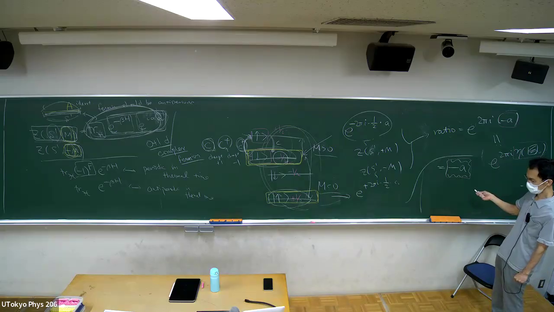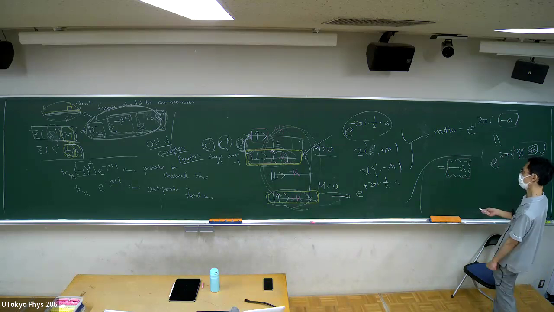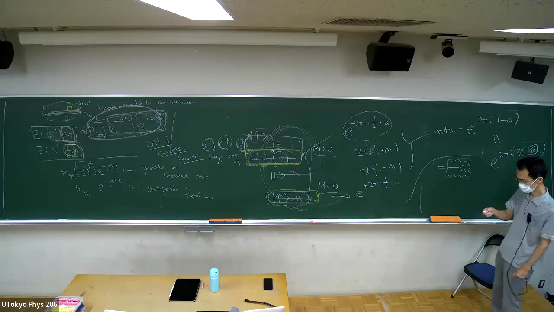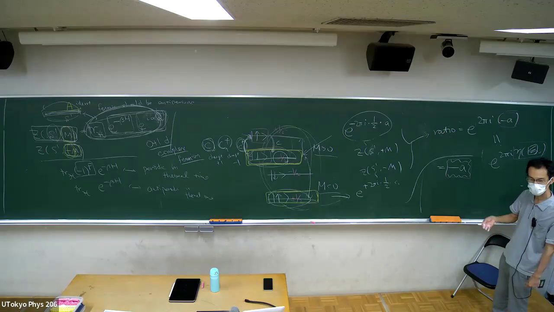So it might have sounded very complicated, but the point is that in higher dimensions, in 1 plus 1D or 2 plus 1D, you don't usually get this nice Hamiltonian point of view of understanding.